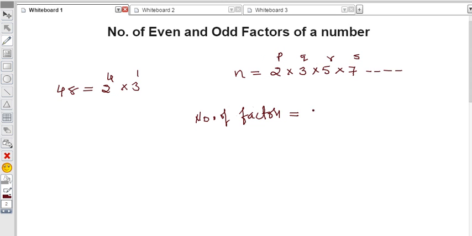We should add 1 to all the powers, that is p plus 1 and q plus 1 and r plus 1 and s plus 1, and we need to multiply the total. This formula gives the number of factors of any number. Now, the number of factors of 48.